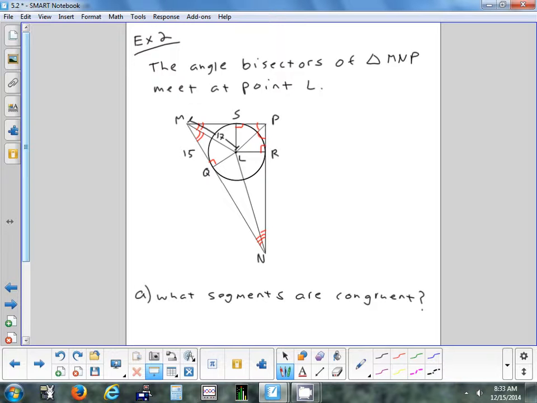Remember, the incenter is the center of a circle that's inside the triangle. Circumcenter is the center of a circle that goes around the outside of the triangle through all the vertices. All right, so we've got our incenter, and I've drawn in the three radii that are perpendicular to each side. It's LQ, LS, and LR.